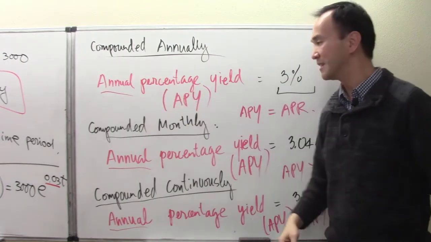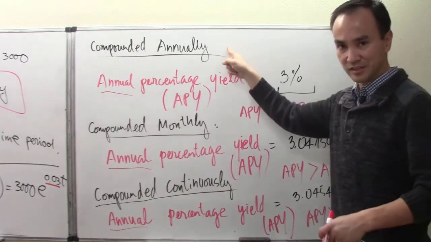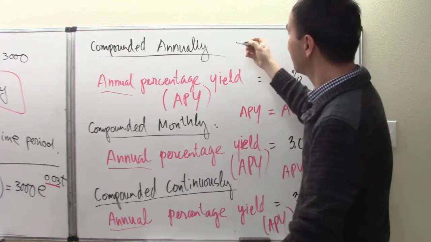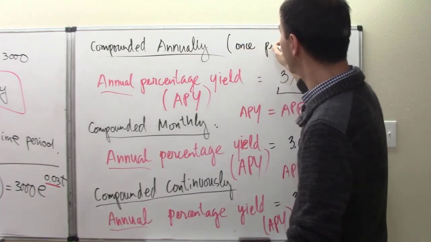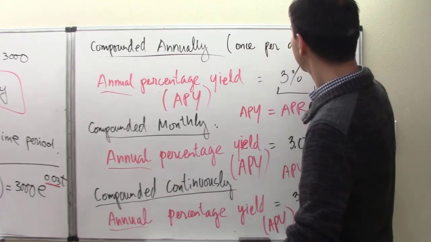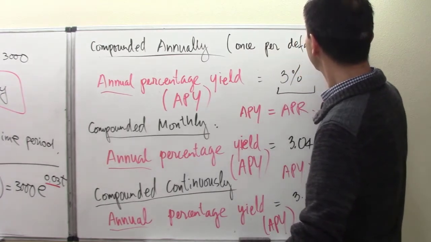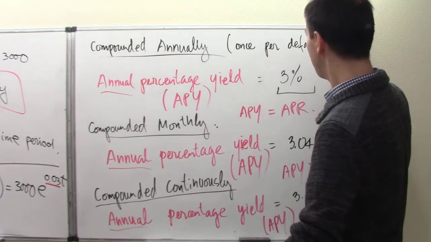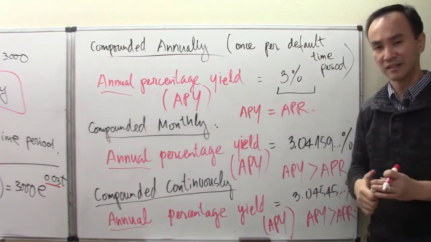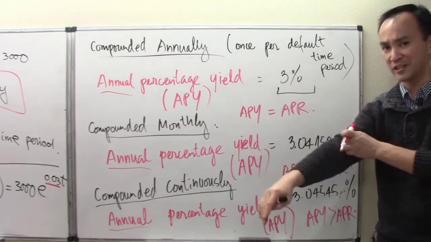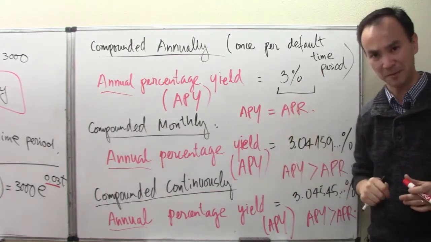This focuses on the concept that it's only compounded once per default time period. For anyone who's intending to do financial math, either now or at some future time, pay good attention to this.